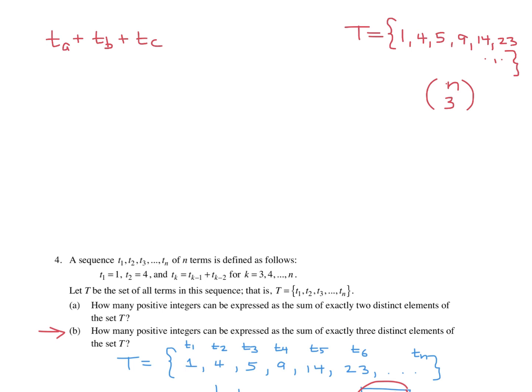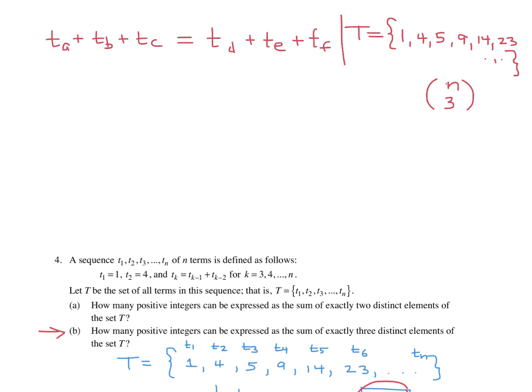So basically what I'm asking, just like before, is can you get the same sum if you use 3 different terms? So if TA plus TB plus TC are used, can it equal 3 other terms, which I guess we can use TD, TE, and TF, like that? If the answer to that is yes, then we have to subtract those from this n choose 3. Does that make sense?